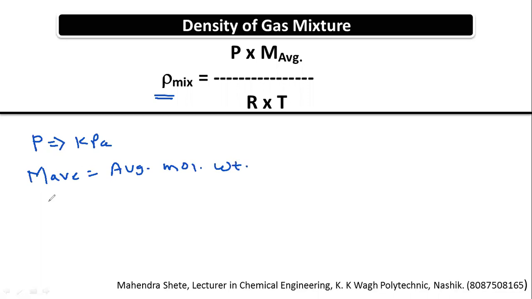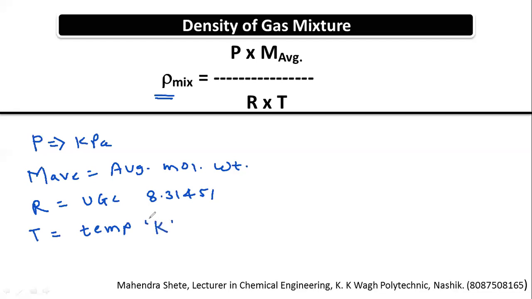Then the next term is R, the universal gas constant, and the value for the universal gas constant is 8.31451. Then the next term, T, means the temperature at which the gaseous mixture is present, which is in Kelvin.